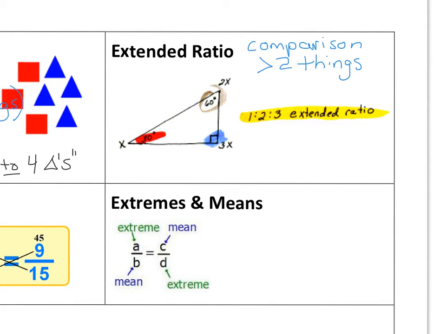So we can write that as an extended ratio, 1 to 2 to 3. That's those angles. And you can see you can no longer really use the fraction recording style for extended ratios. It really needs to be written out with the colon.